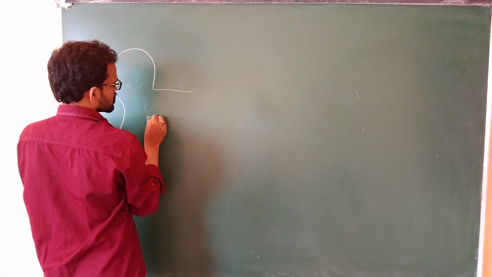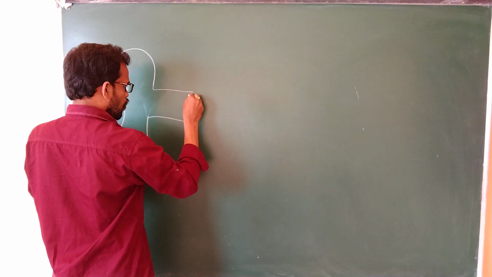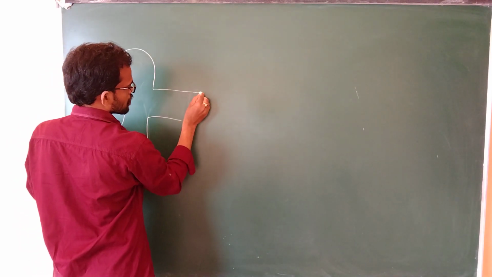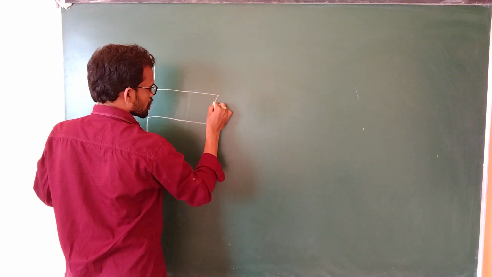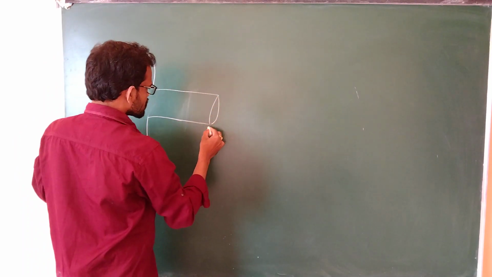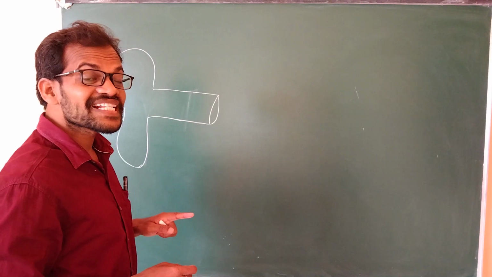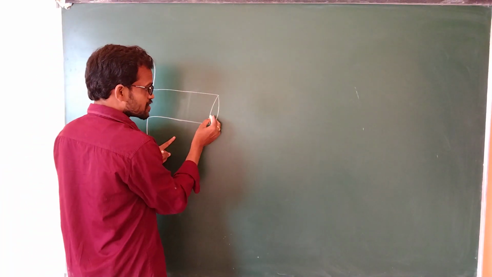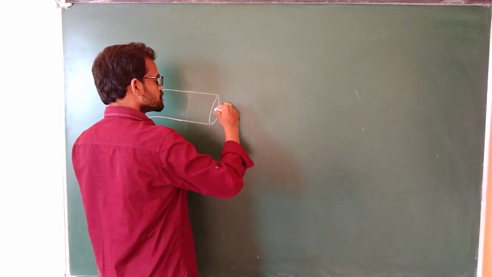The external ear opens into the external auditory canal. The external auditory canal opens into the oval window.